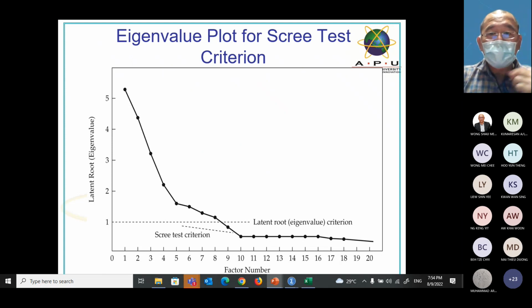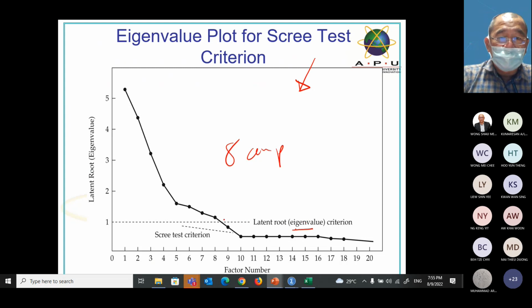As I mentioned just now, the latent root actually is also eigenvalue. Can you see here? So it's the eigenvalue criterion. For this here there is of course different data. Therefore they keep 8. They have 8 components. So component number 8 is also considered, therefore until here.